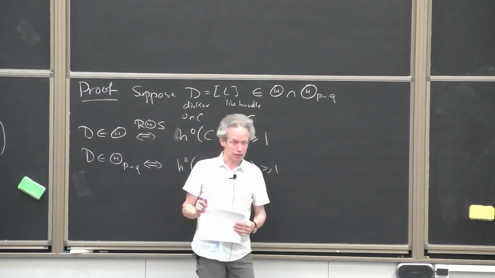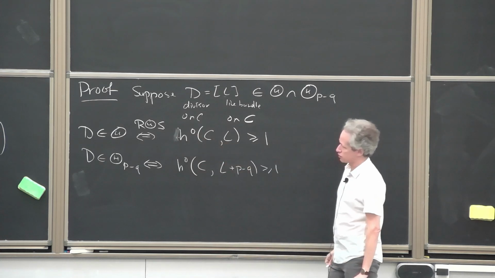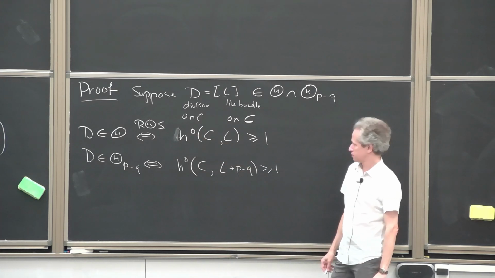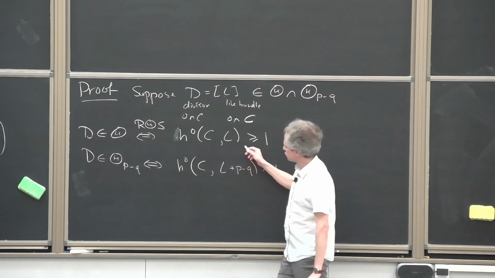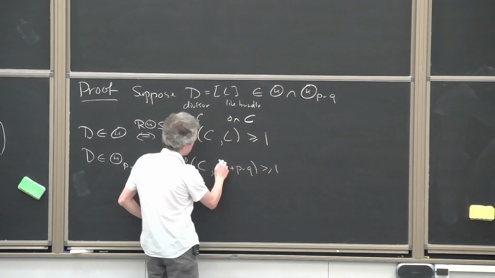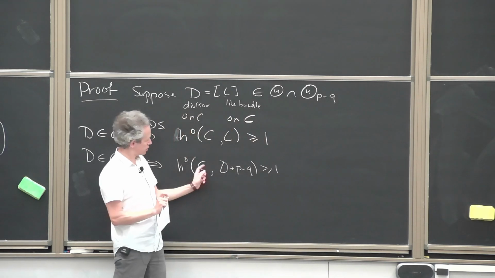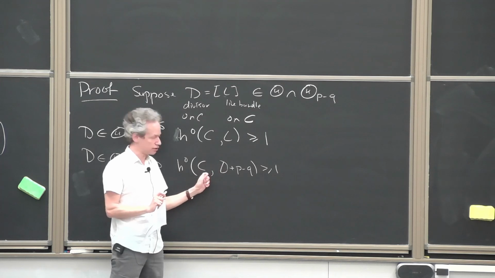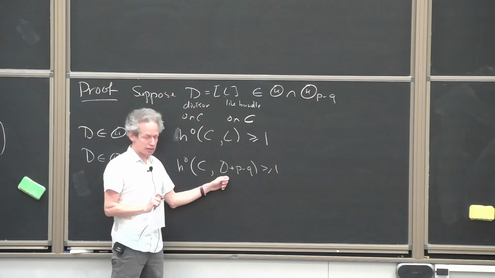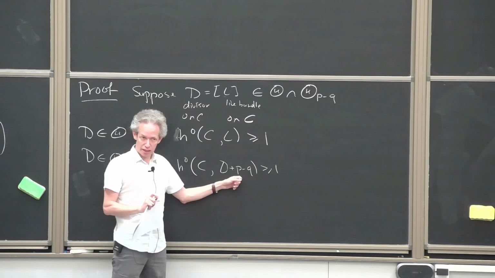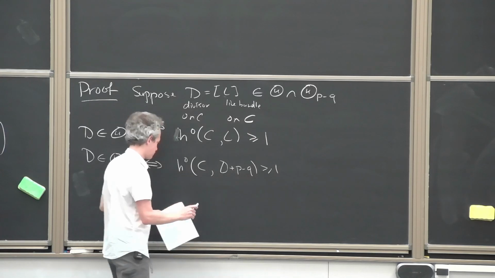Okay? Doesn't matter, as long as I do it consistently, it's all fine. Maybe all the signs are flipped. Okay? So what does this mean? How should I read this? So if I write a D here, these are the sections, these are meromorphic functions on C that may have poles at D, may have a pole at P, and must vanish at Q, right?